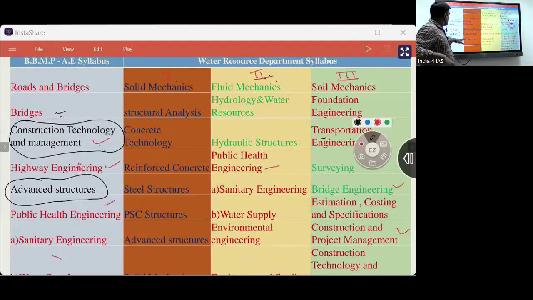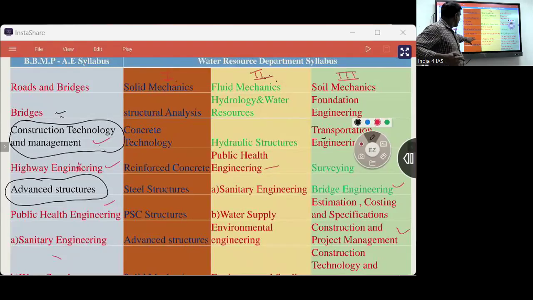Okay, so next, reinforcement, the craziest part. RCC. In RCC you will be studying singly supported, doubly, then staircase, cantilever, one-way slab, two-way slab, T-beams, retaining walls, probably overhead tanks, footings, combined footings.